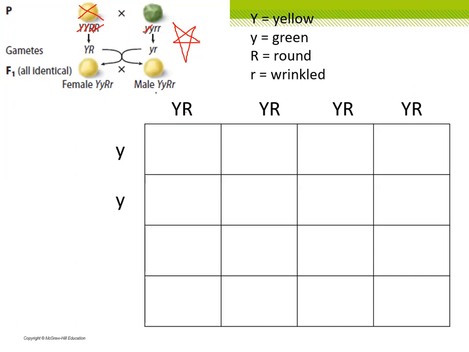I'm going to pass that on to both these options here, because this lowercase y can either go with the first R or the second R, both of which are recessive. And so what I eventually get is just this across all four.